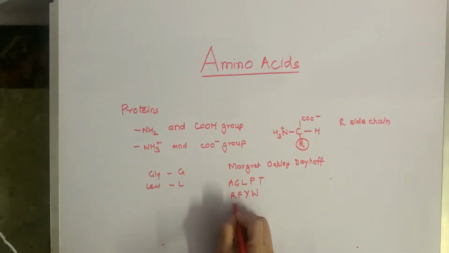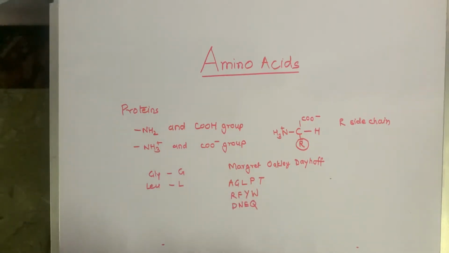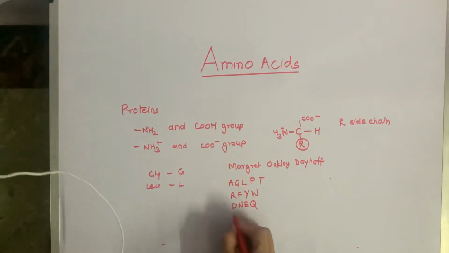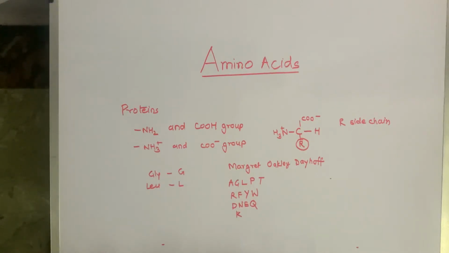Similarly, we have D, N, E, Q. D is for aspartic acid, N is for asparagine, E is for glutamic acid, and Q is for glutamine. The leftover letter K was given to lysine because very few letters were left. Why was it given K? Because K is close to L, which denotes lysine.